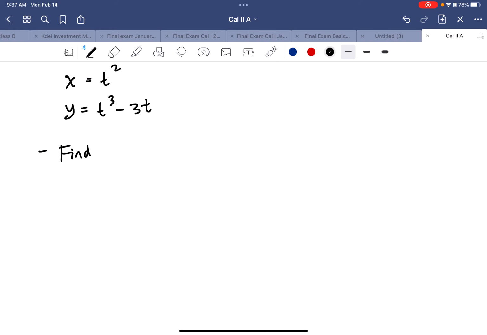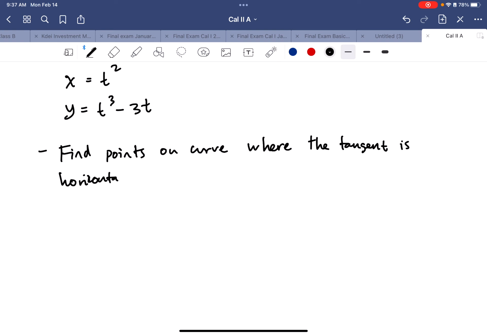Find points on the curve where the tangent is horizontal or vertical.